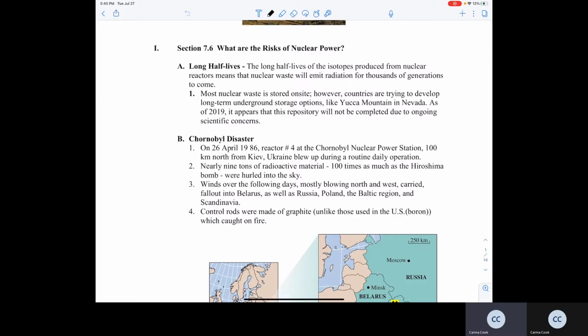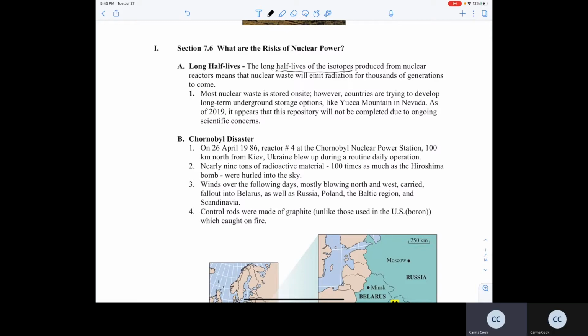And these other elements are also radioactive, and they have long half-lives. So these isotopes that result will emit radiation for a long period of time because they have long half-lives.